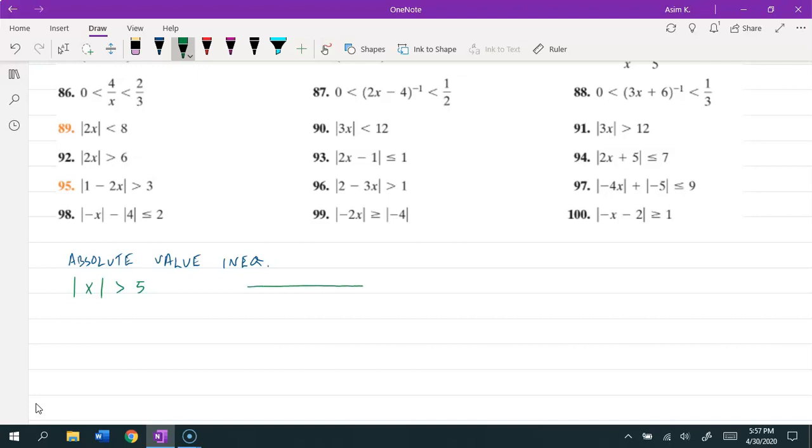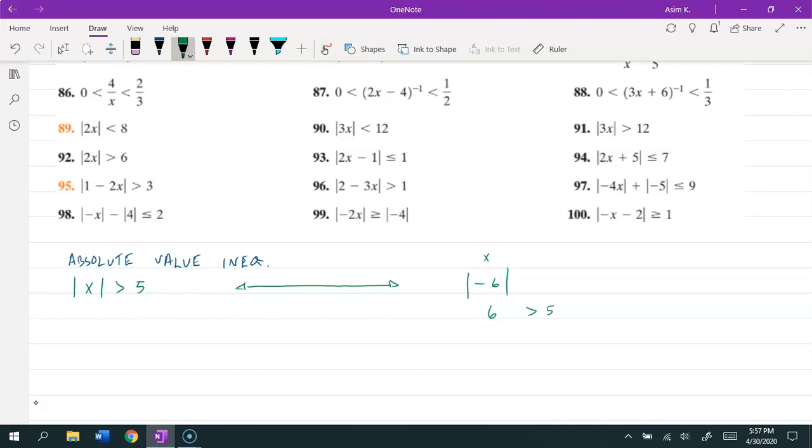You need to understand what exactly absolute value does. x is some number that when I take its absolute value, I end up with something greater than 5. Suppose x was -6. Its absolute value is 6, and is 6 greater than 5? Yes, it is. So -6 works for us.